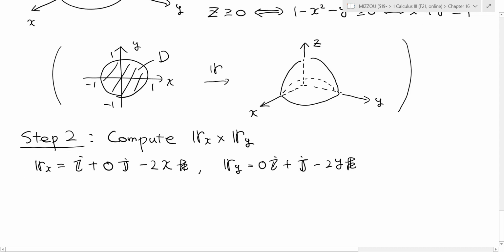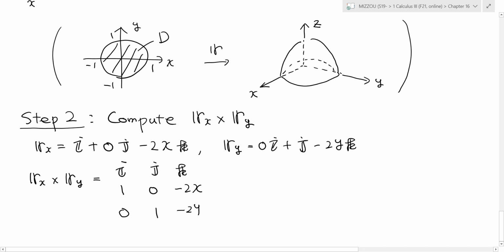So now we can compute the cross product. You do the determinant with i, j, k; 1, 0, negative 2x; 0, 1, minus 2y.